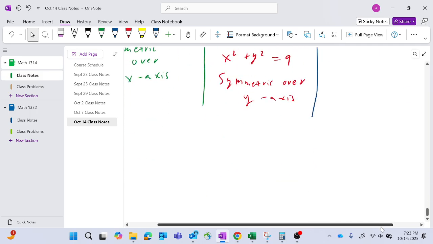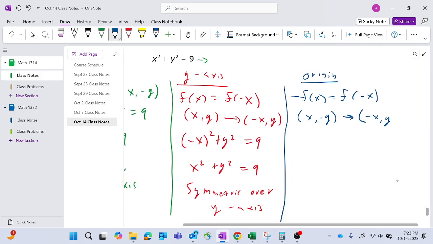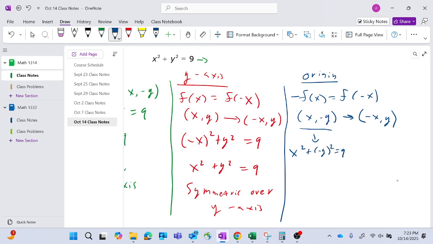Or in other words, just like we did before for the first case, all this means is replace the y with a negative y. And this needs to be the same thing as if you replace the x with a negative x.